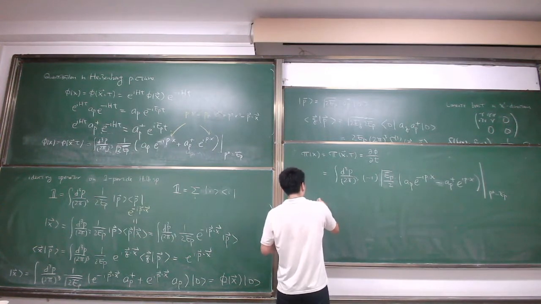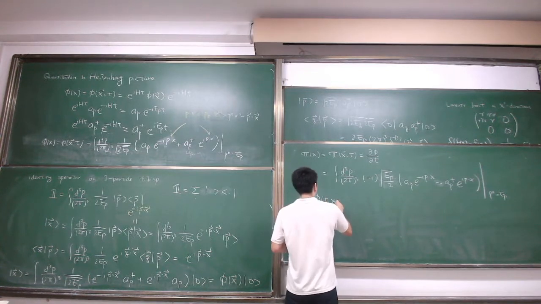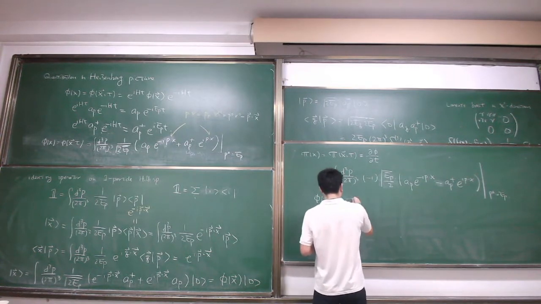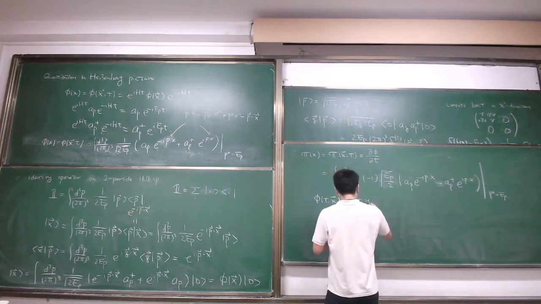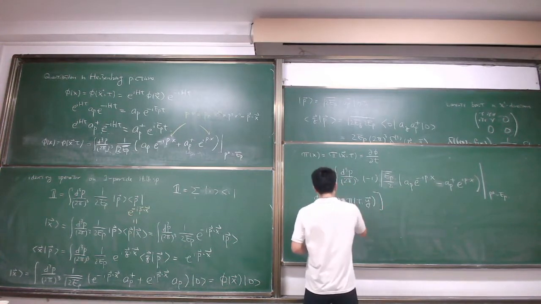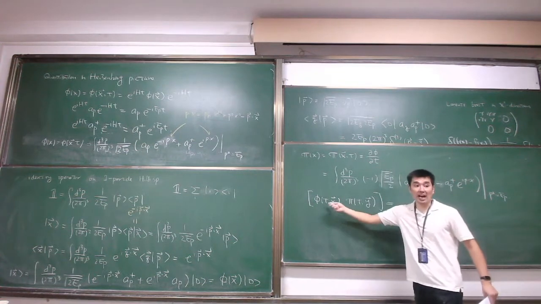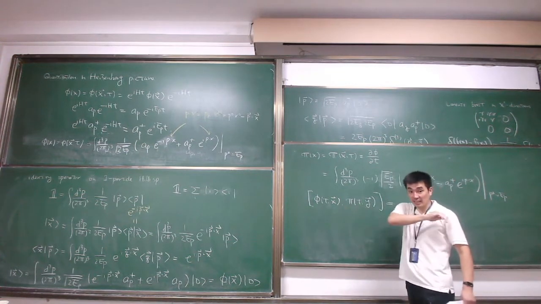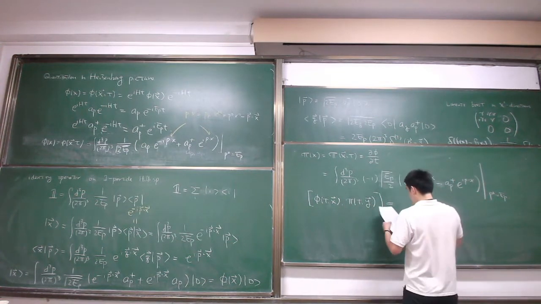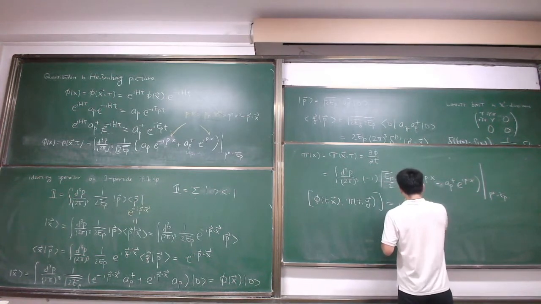So we just impose equal time. This is the canonical quantization of the Heisenberg picture. You have to impose equal time at each space slice. You have to impose this kind of condition.